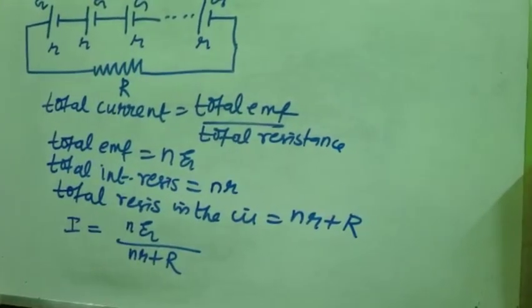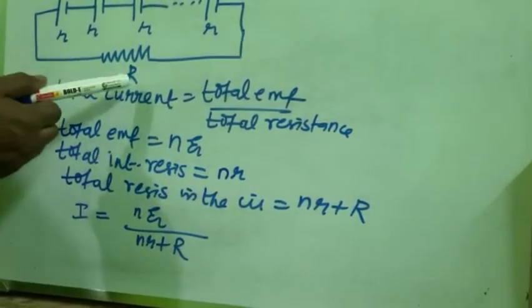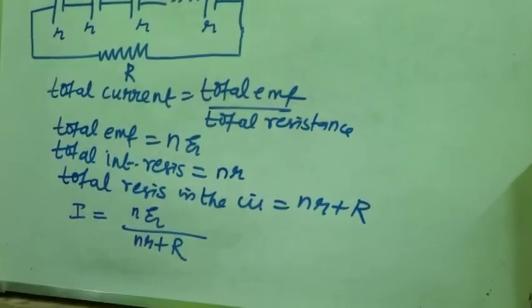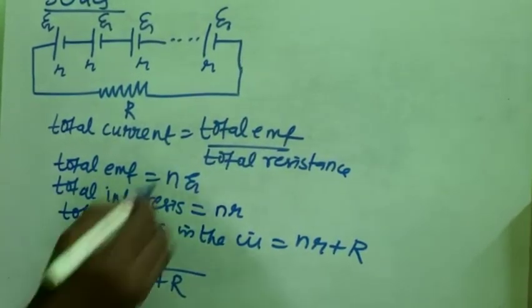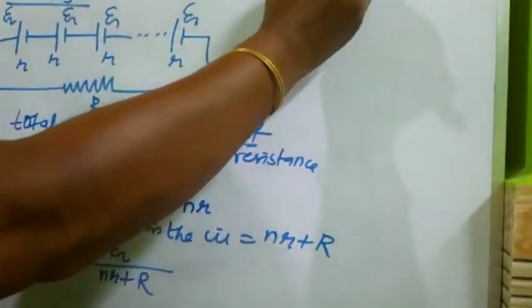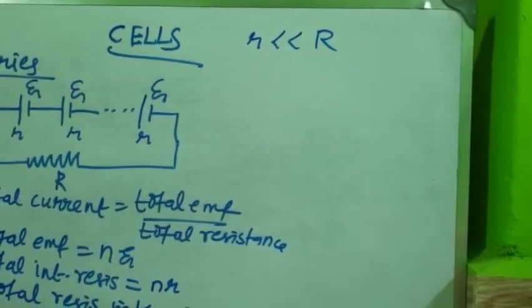Now I am going to discuss different cases. Case 1, that is, if this internal resistance is very small when compared to this external resistance, what happens to the total current? So the first case is that small r is much lesser when compared to capital R. Internal resistance is much lesser, so you will have to neglect the value.